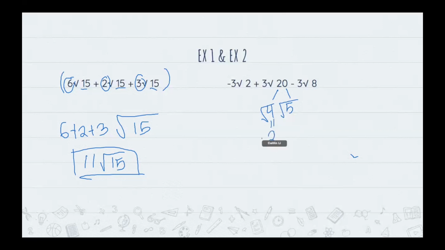And this can be multiplied with the 3 outside originally. Bring your 5 down. 3 times 2 will equal 6, radicand 5. So that will be a final. I'm also going to write this down since you can't simplify it any further.